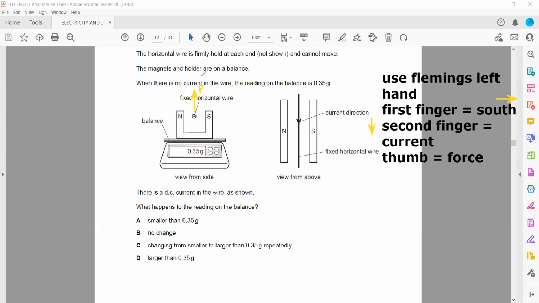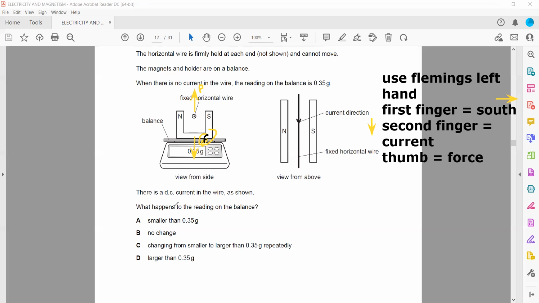If the wire is pushed by the magnet upward, the wire will repel the magnet downward. Just like identical poles of magnets repel each other, if the wire is being pushed up, the magnet will be pushed down. So as a result, already 0.35 gram is there, but there is also another downward force.